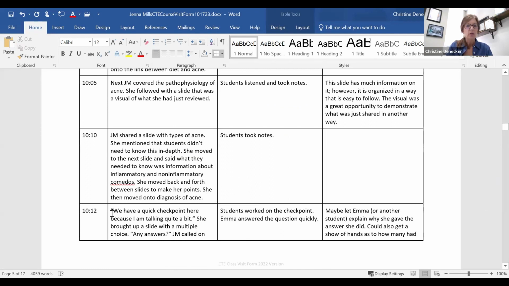So we have a quick checkpoint here because I'm talking quite a bit. She brought up a slide with a multiple choice. So this is going to be, it could be 3C, engaging them in the learning.